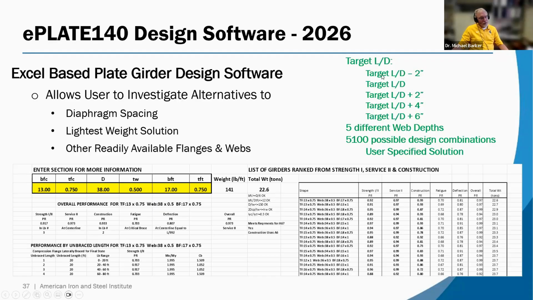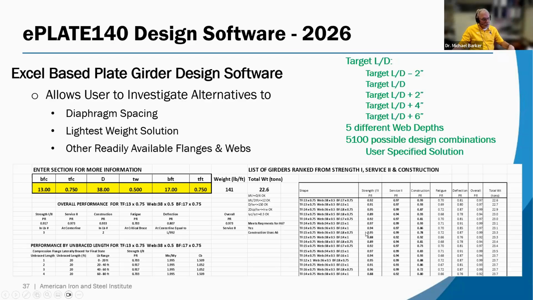And then the program's going to go that -2 inches, use that +2, +4, +6. So 5 different web depths. And then it goes through a whole bunch of different flanges for the top and flanges for the bottom, to where it's going to look at 5,100 possible design combinations. And then it's going to create this bottom right table.